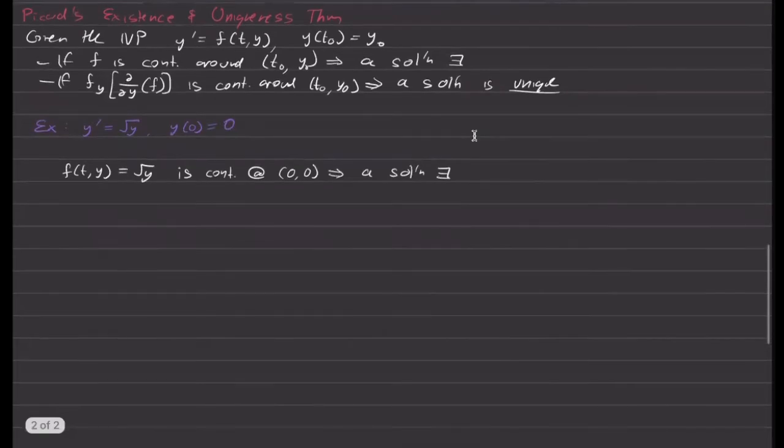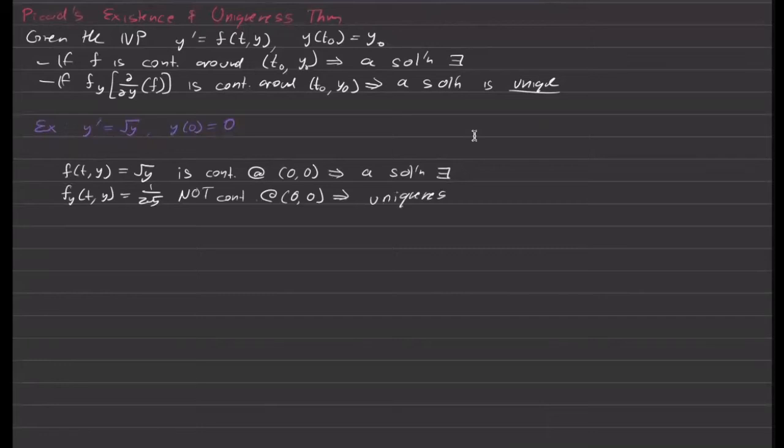If we take the derivative with respect to y, so f sub y of t and y, this is 1 over 2 root y, and it is not continuous at 0, 0, which means that uniqueness is not guaranteed. We can't conclude anything from this. So uniqueness not guaranteed. I don't know if I spelled that correctly.